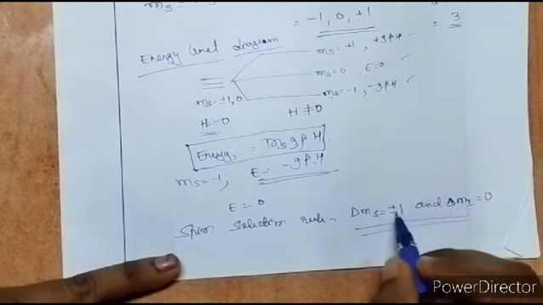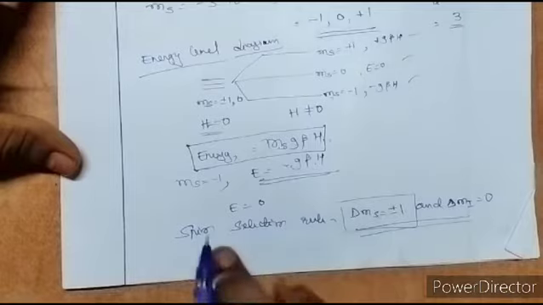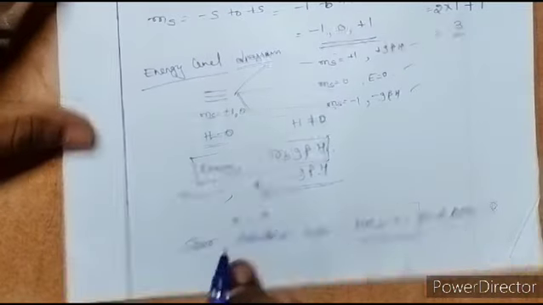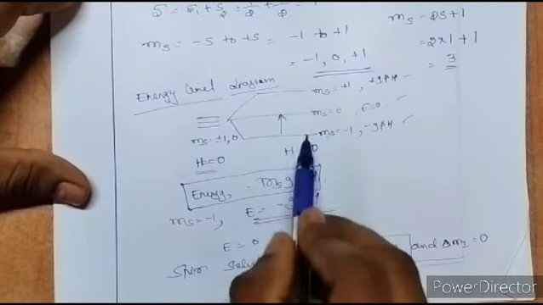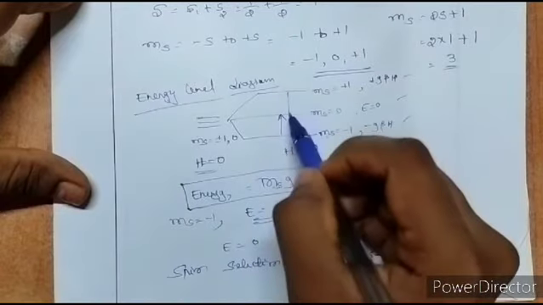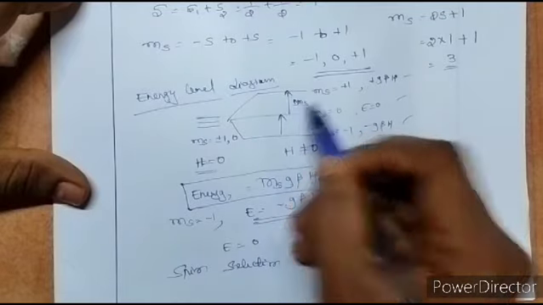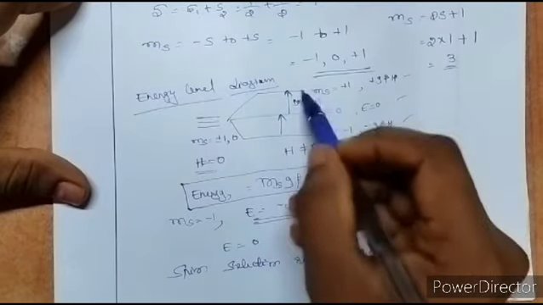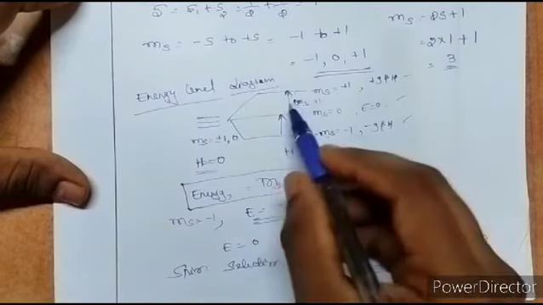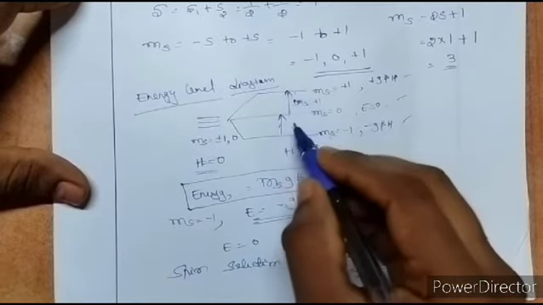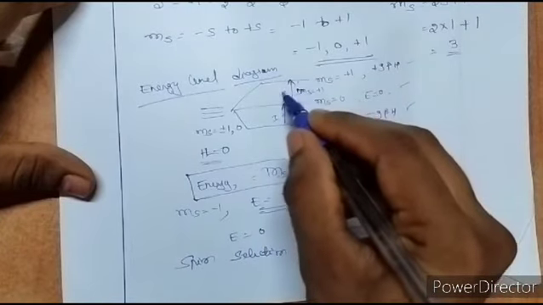By using this, we can say that there are two transitions occurring. For one transition we get delta ms is -1, and for the other we get delta ms +1. The difference between these levels will be plus or minus 1. So we can see there are two transitions occurring. Let me call this the first transition, and this the second.